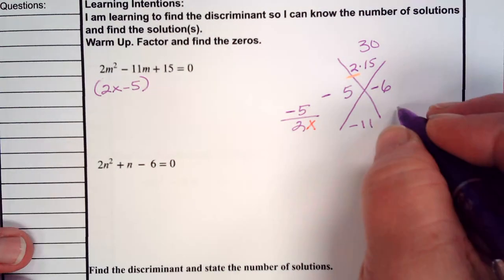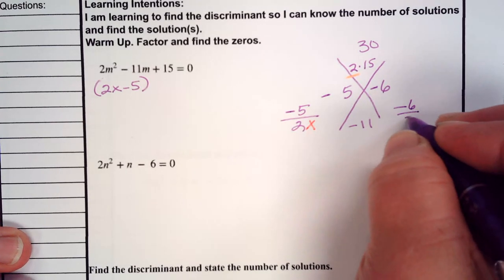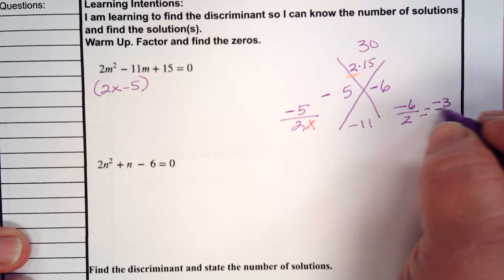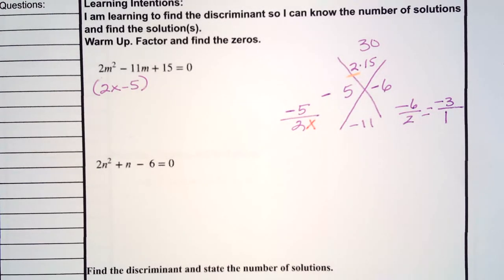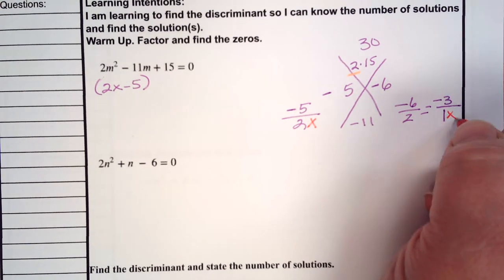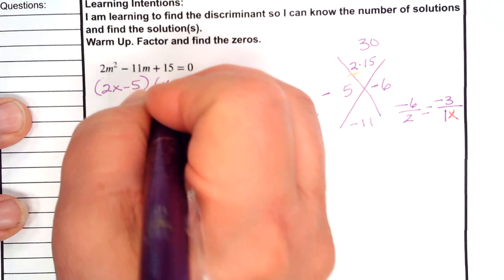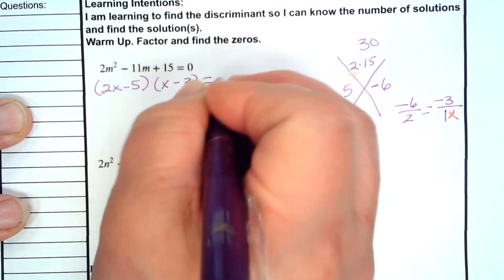Negative 6 divided by 2. You can simplify. 6 divided by 2 is 3, so it's negative 3 over positive 1. The x stays in the denominator, and this is x minus 3 is equal to 0.